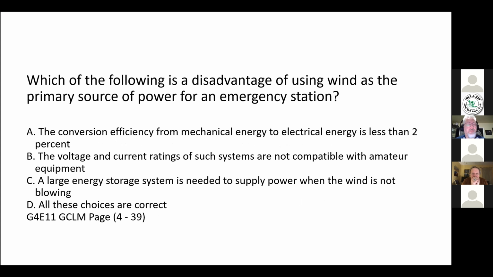B, the voltage and current ratings of such systems are not compatible with amateur equipment. C, a large energy storage system is needed to supply power when the wind is not blowing. Or D, all of these choices are correct. Charlie is correct. A large energy storage system is needed when the wind's not blowing.